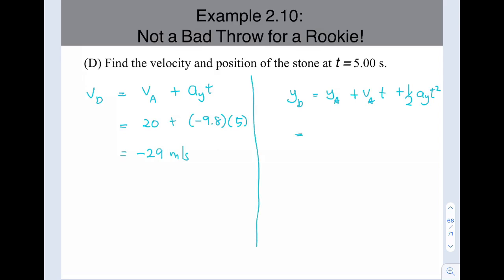So it's 0 plus 20 times 5 plus half of negative 9.8 times 5 squared, because the t given to us is 5 seconds. So it's negative 22.5 meters. What does negative mean? It's downward, or below the origin.